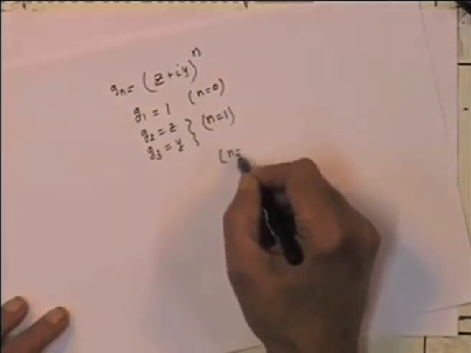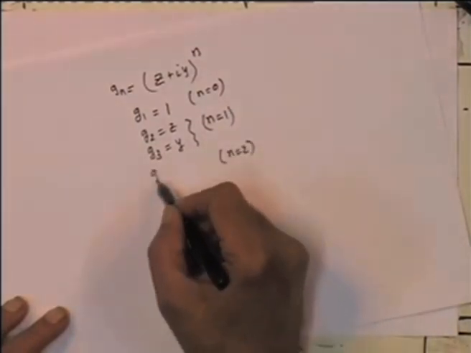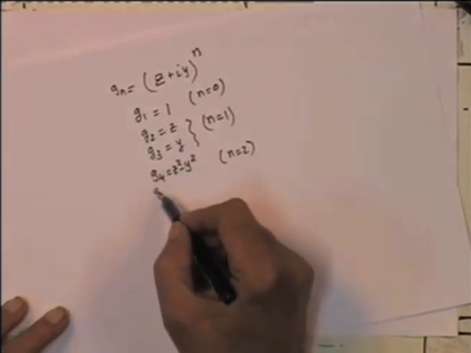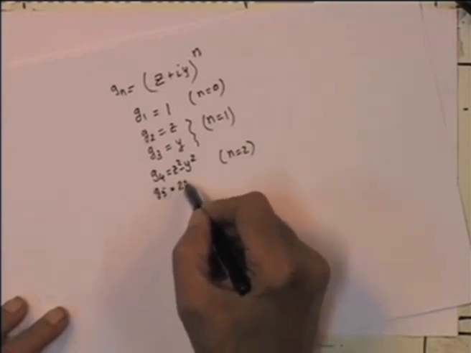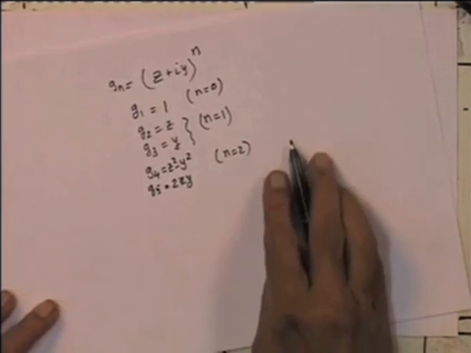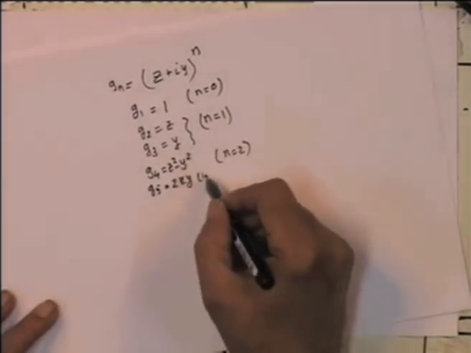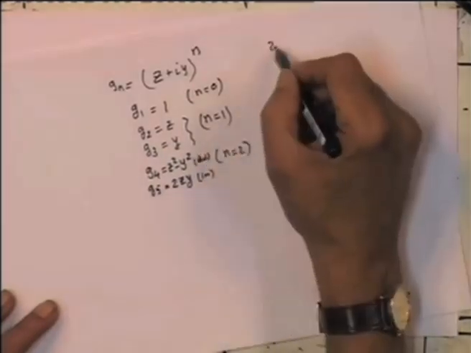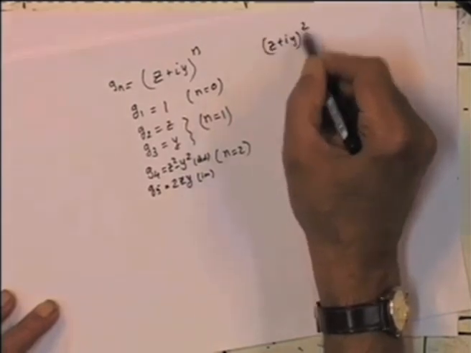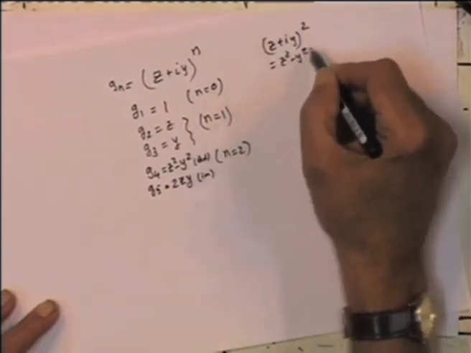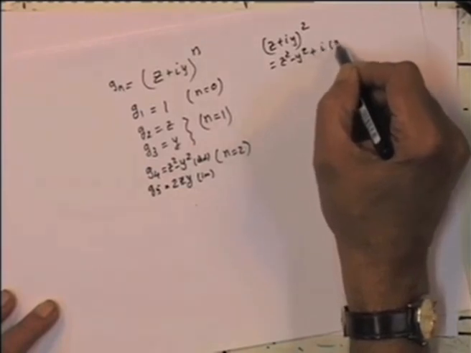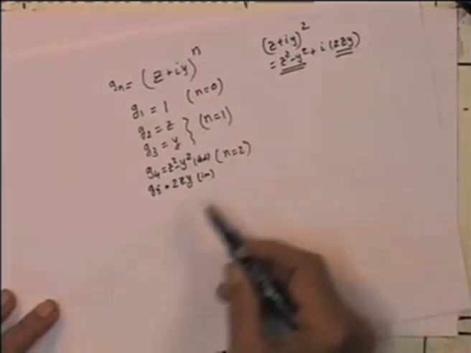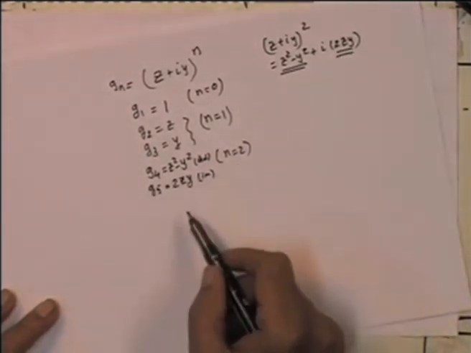If I take n equal to 2, then you can see I will get g_4 equal to z² minus y², and g_5 will be equal to simply 2zy, because this is the imaginary part and this is the real part, because (z plus i y) squared is simply z² minus y² plus i times 2zy. So, we take both these as solutions and this is for n equal to 2.